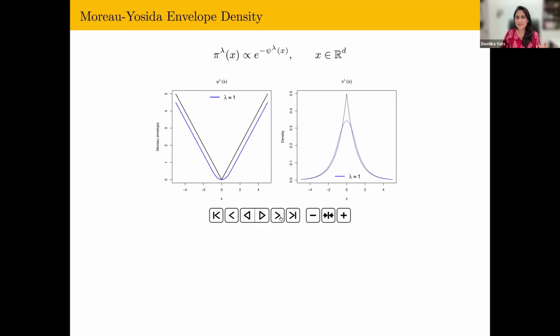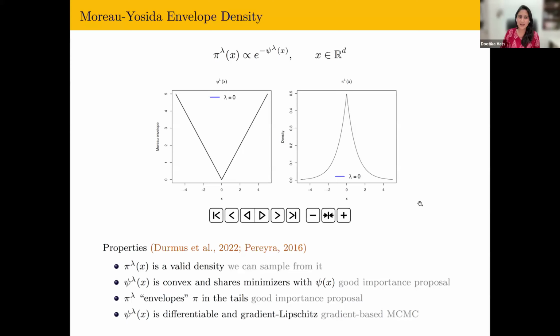And now I can keep changing this for different values of lambda. So this is lambda equals 2, and then this is pi lambda for lambda equals 2. Okay? And what you see happening is that as lambda is increasing, I'm getting a pi lambda x that's becoming flatter and flatter, and it's sort of enveloping in the tails. And that's really what we're going to be highlighting.